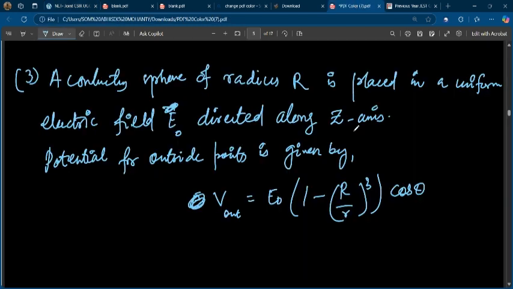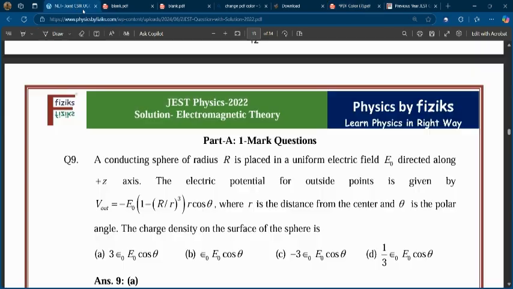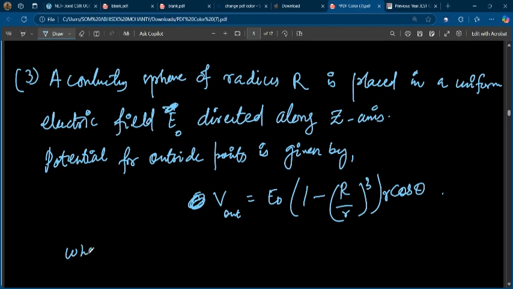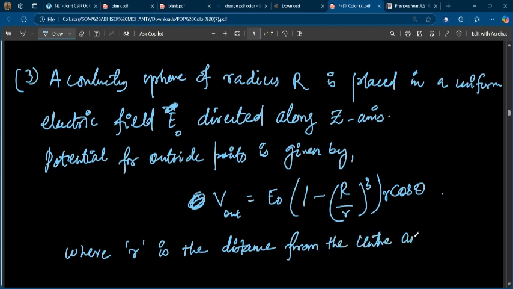Where r is the distance from the center, and theta is the polar angle.